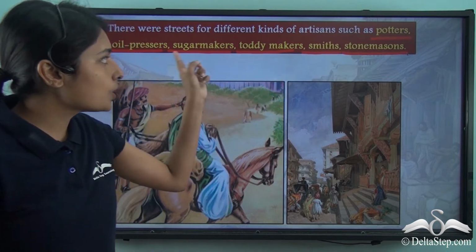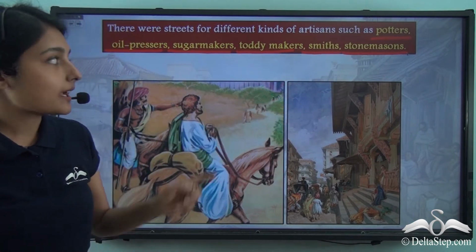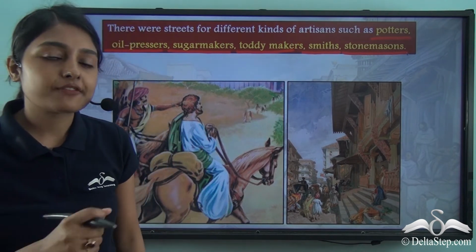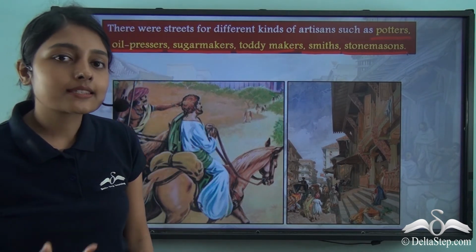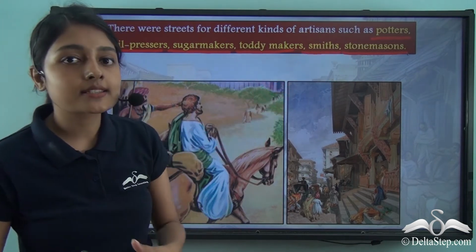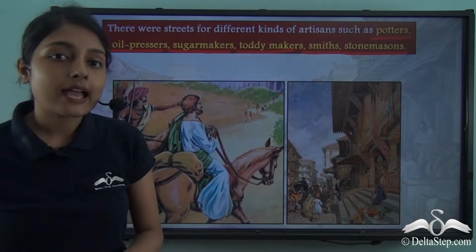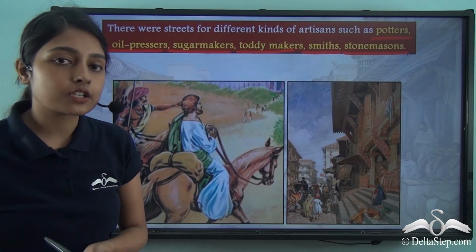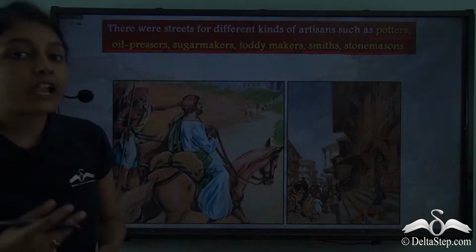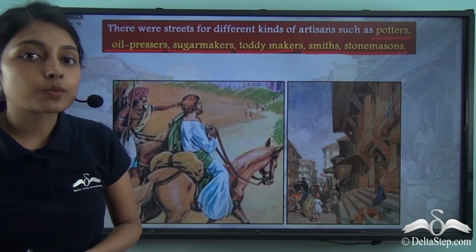All the goods produced by these various categories of artisans are required for everyday life. Since these goods are required for everyday life, the need for these artisans also started growing. As their need grew, these people also had to live somewhere, and for them, separate streets were dedicated.